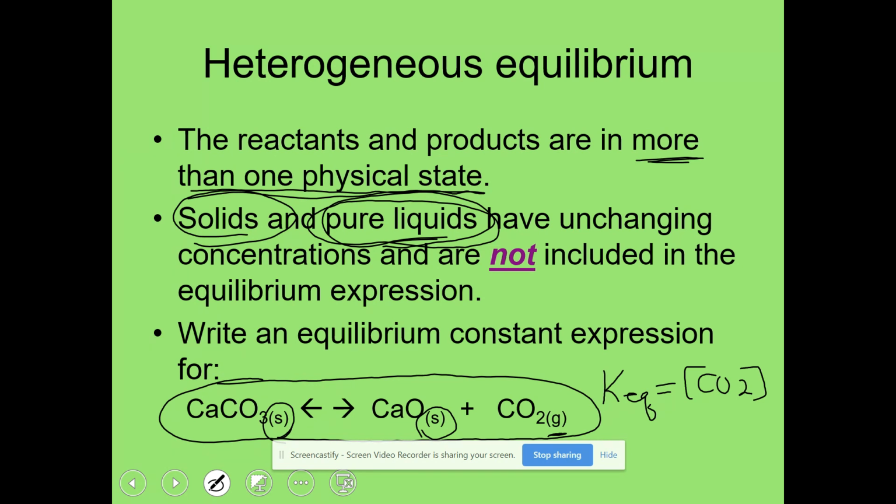The solids are not included. So this would be, for example, if I had a container that contains some calcium carbonate, which is like a limestone, and I heated it up, it would only decompose until this concentration of carbon dioxide was reached inside of that container, and then it would quit decomposing. That's it.